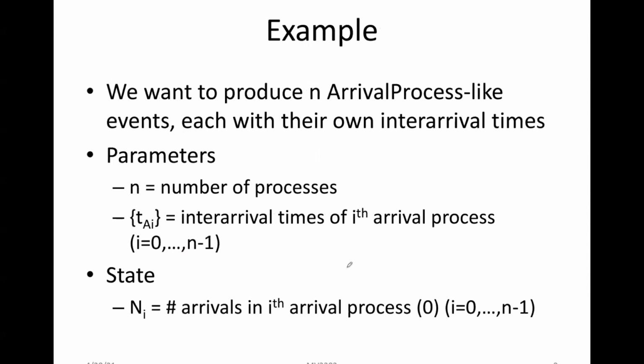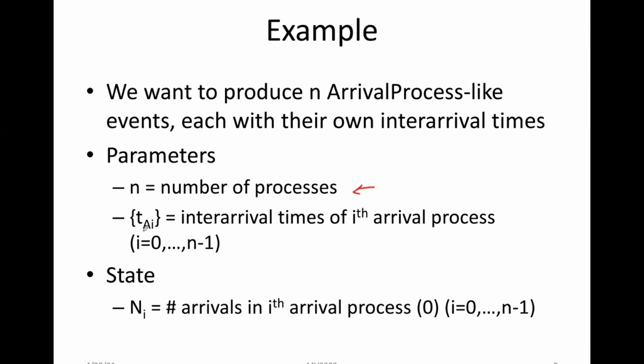Okay, so here is a kind of hello world example of that. Let's say we want to produce n arrival-process-like events, meaning each one of them is going to have its own inter-arrival times. So as a parameter, we'd have n, which would be the number of these processes.